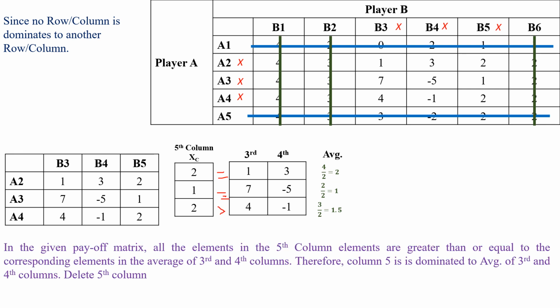So in the payoff matrix, all the elements in the fifth column are greater than or equal to the corresponding elements of the average of the third and fourth column elements. Therefore, the fifth column is dominated by the average of the third and fourth columns. So here we have to delete the fifth column.